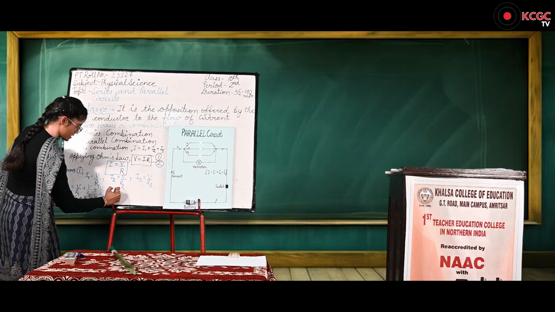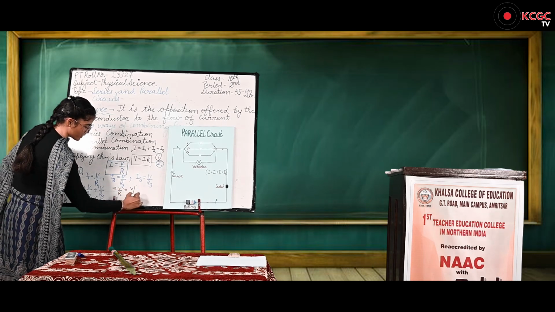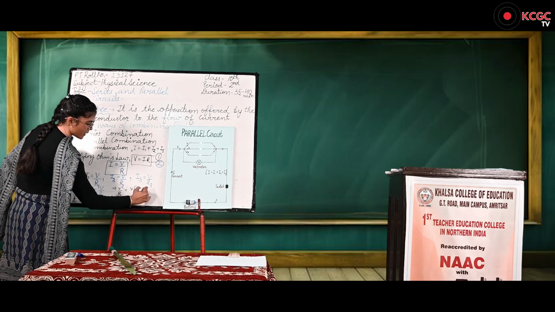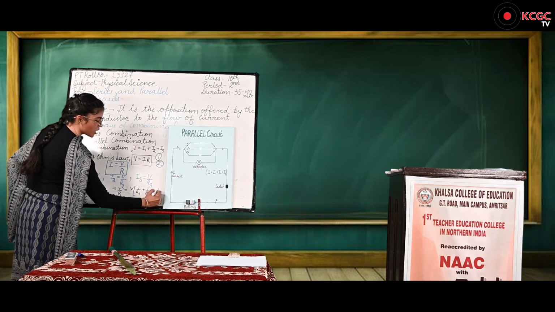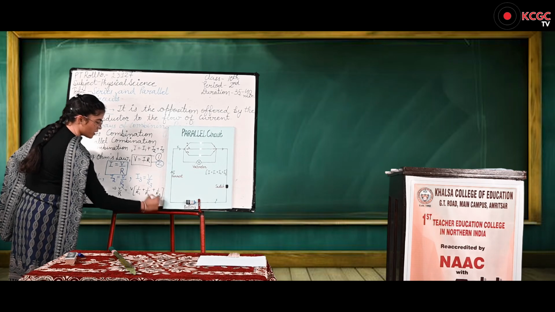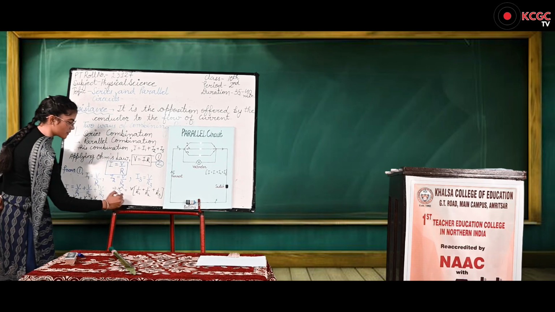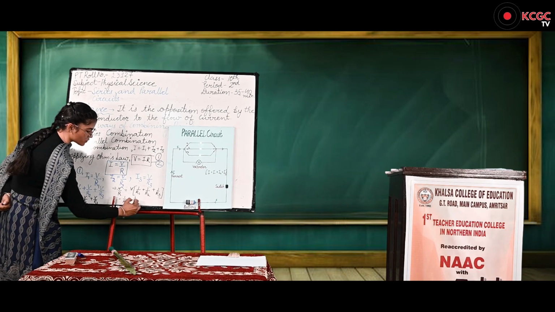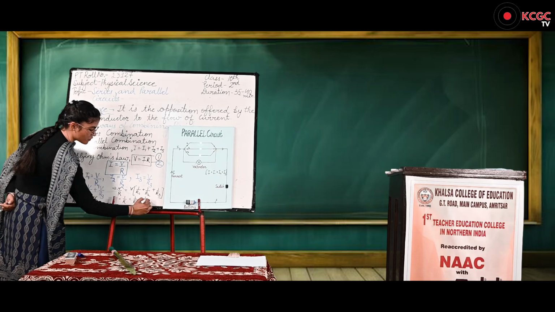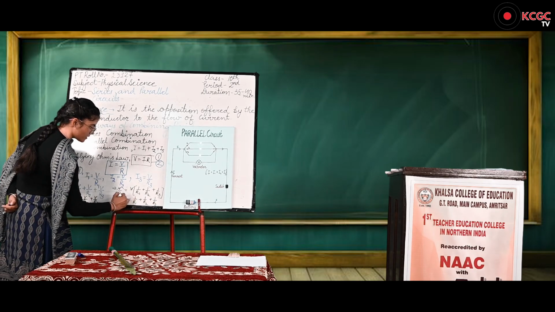So now students, we can see, we can take V common here. So it will become V times 1 by R1, 1 by R2 plus 1 over R3. Cancel out the value V. So we will get 1 over R is equal to 1 over R1 plus 1 over R2 plus 1 over R3.